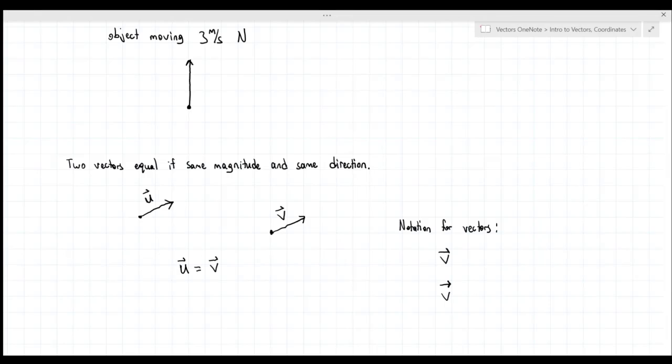When you're reading textbooks, you'll commonly see vectors denoted in a bold type font to distinguish them from non-vector quantities. There's no standard convention per se on how to denote vectors, so pay attention to what notation your professors and textbooks use, okay?